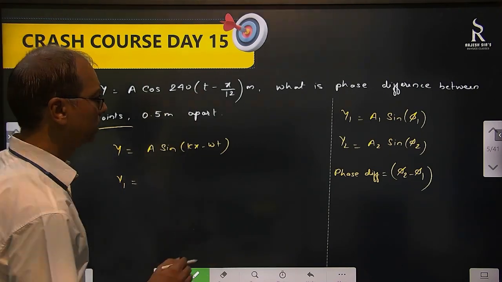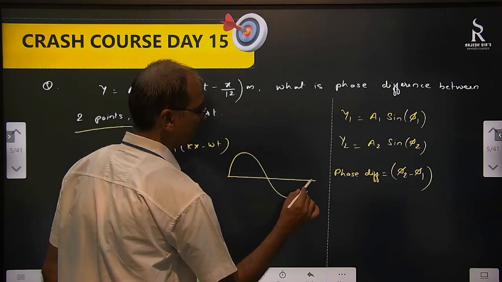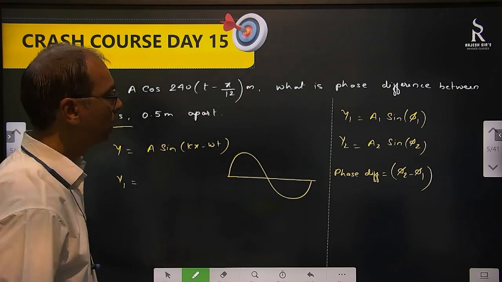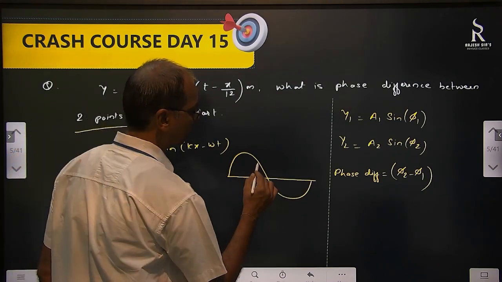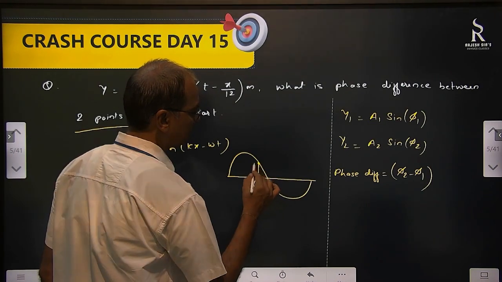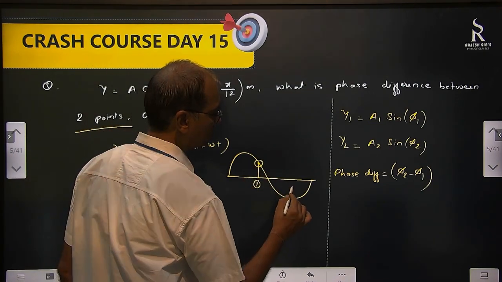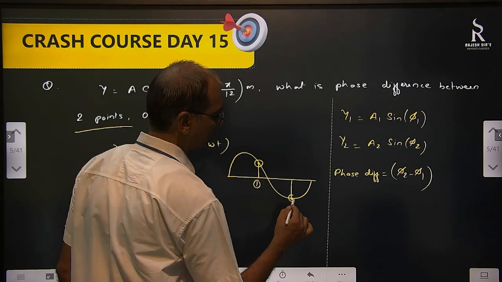What does that mean? It means, suppose this is how a wave is, and I have taken one particle here, this is my first particle, at this position, and the second particle I have taken here, at this position.